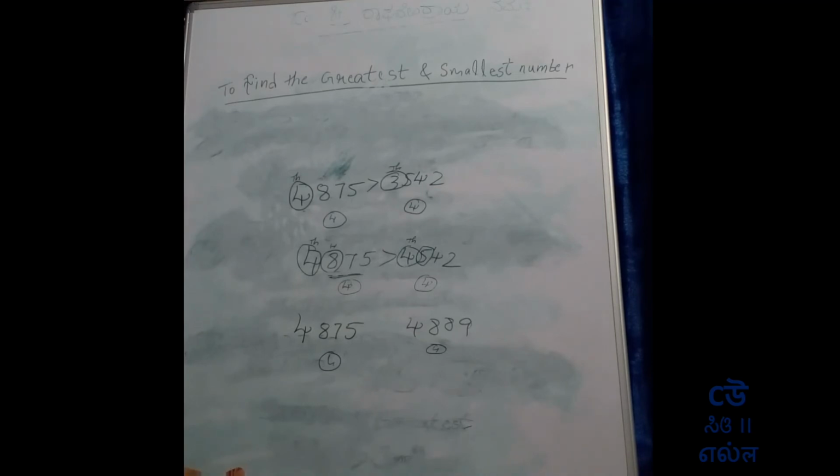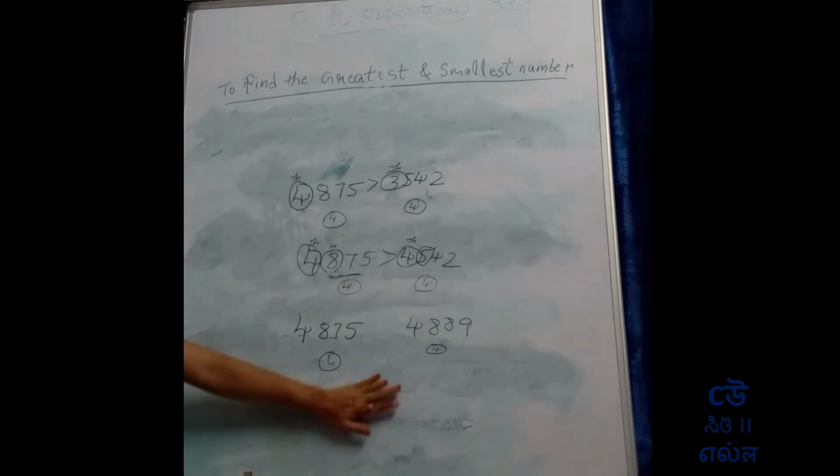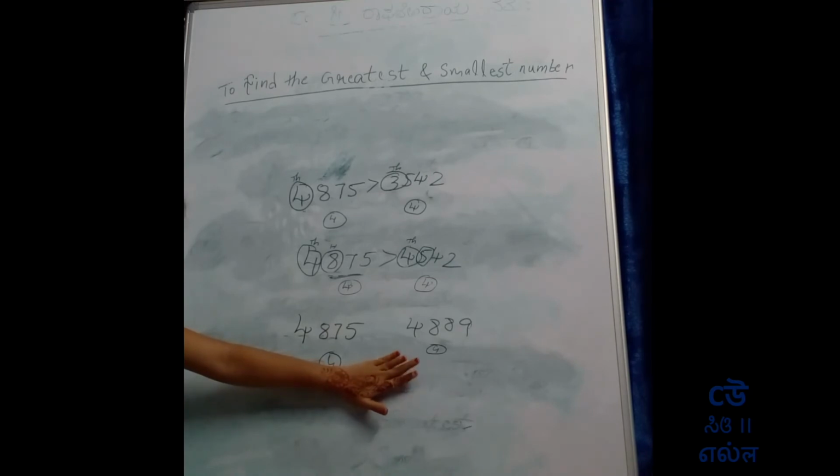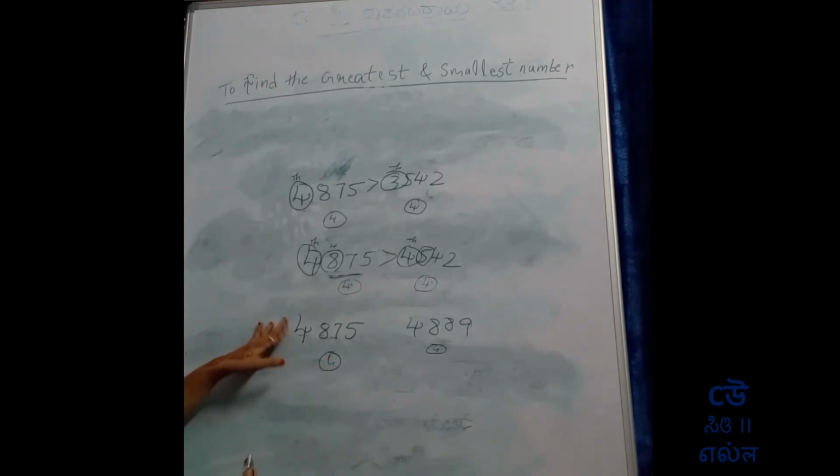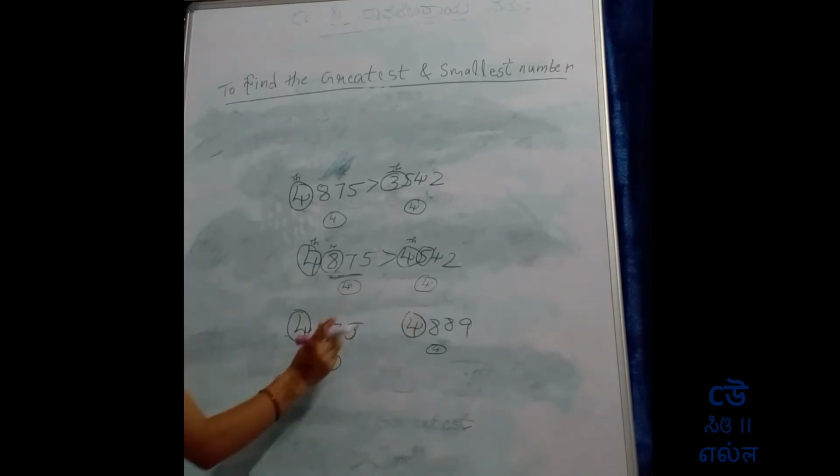For the next step, what should we do if we have the same number of digits in both numbers? We have to go to the digits at the thousands place. That is, we have 4 and 4 in both numbers.